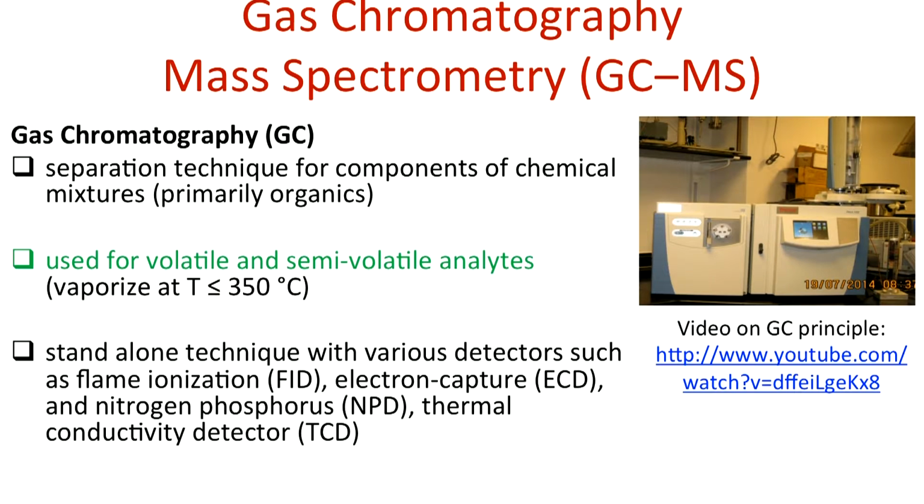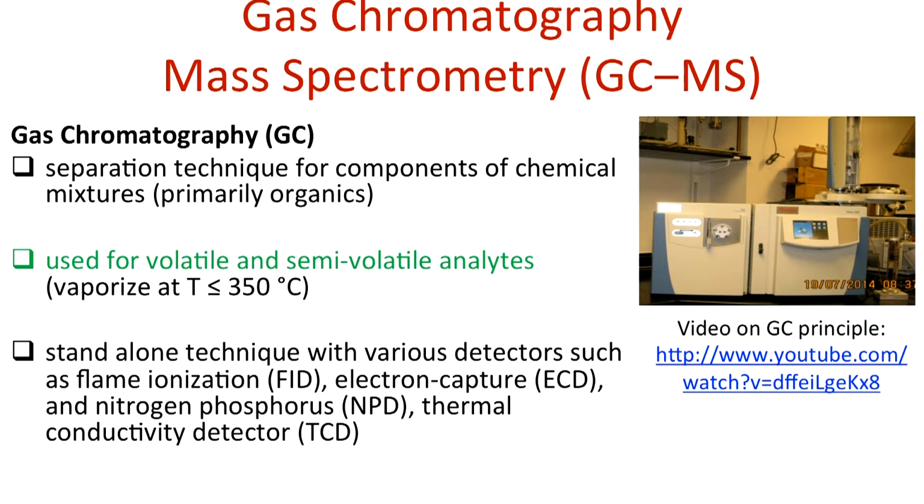And GC is a standalone technique where you can use different detectors. Let's say flame ionization detector, which basically detects any organic compound that has carbon. And then you have electron capture detector for organic compounds that contain electrophilic elements such as F, Cl, Br, I. And you have nitrogen phosphorus detector, typically used for pesticides.